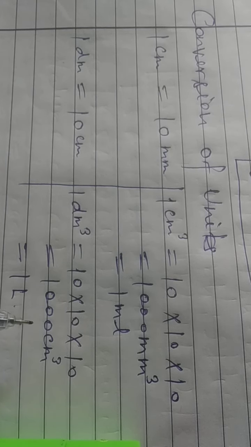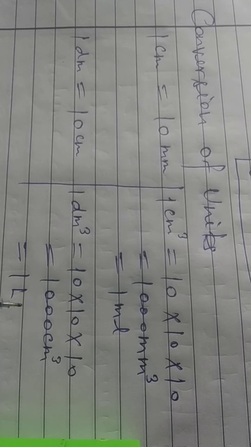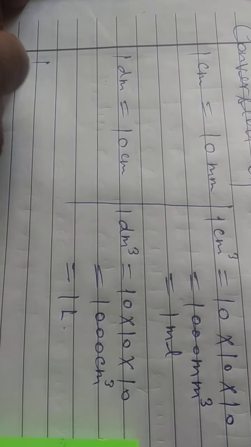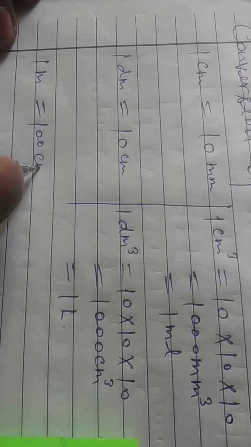Similarly, we can take different examples which are given in your book. If we take 1 meter as the length unit, 1 meter is equal to 100 centimeter.